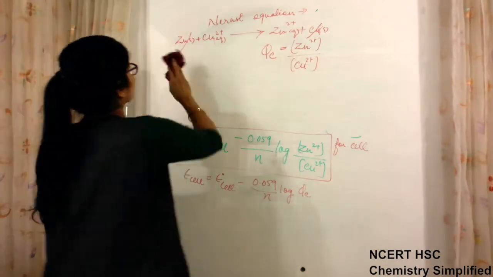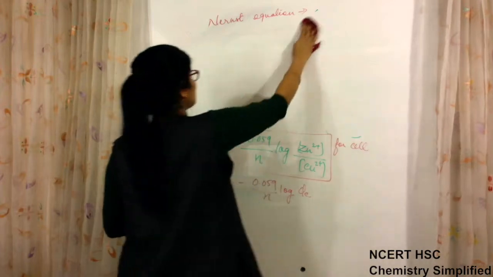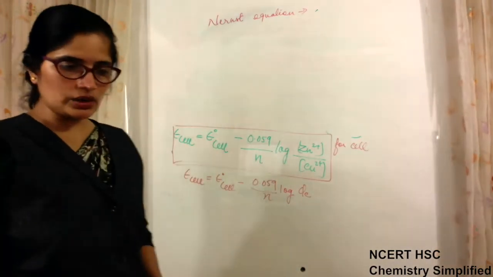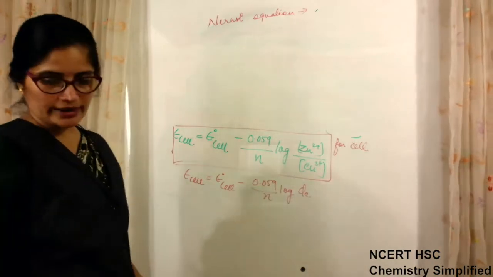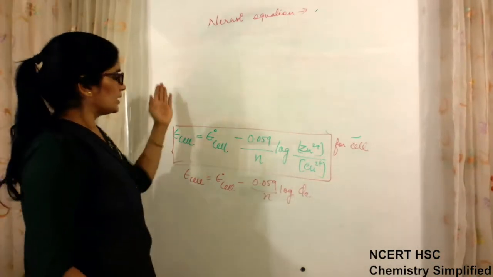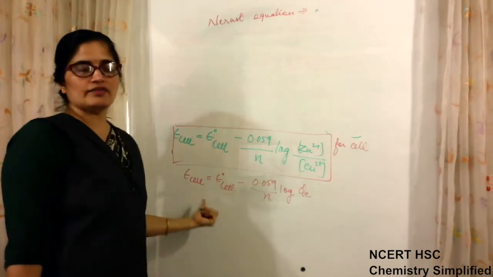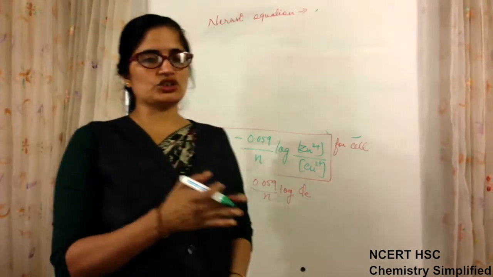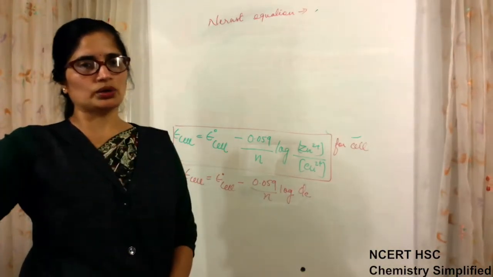Now if the same reaction has attained equilibrium, then what will happen when it has acquired equilibrium? Then the cell potential which we are obtaining, E cell, will become 0. Because the reaction is taking place, that means the electrons are moving from zinc to copper.